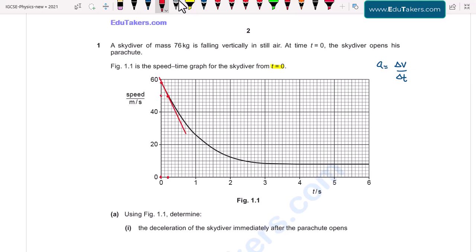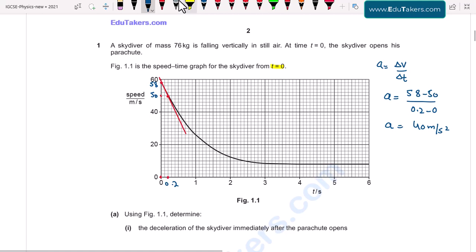I have to find out the slope between these 2 points. So I write here a will be equal to delta v, that is here v is 58 and at this point v is 50. So I write 58 minus 50 divided by delta time, which is 0.2 minus 0. In this way the acceleration comes to be 40 meters per second squared.